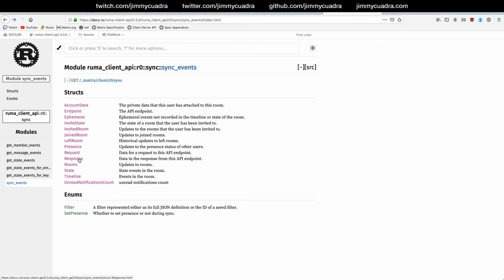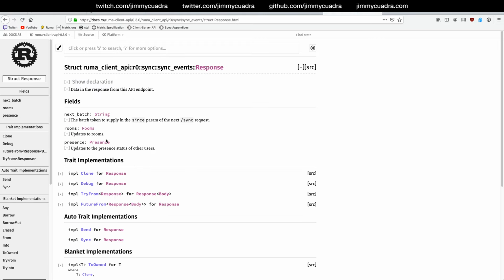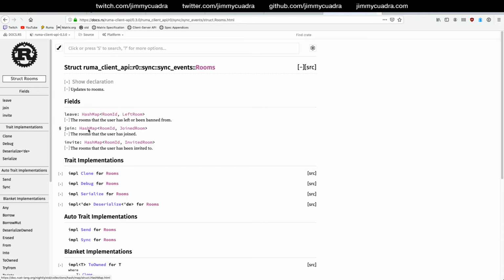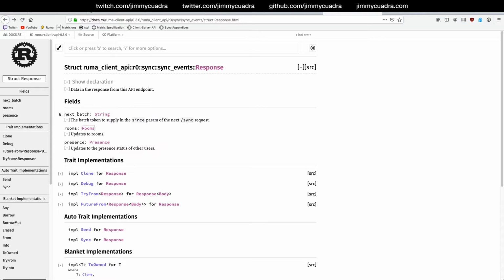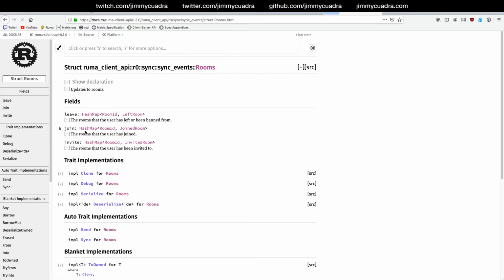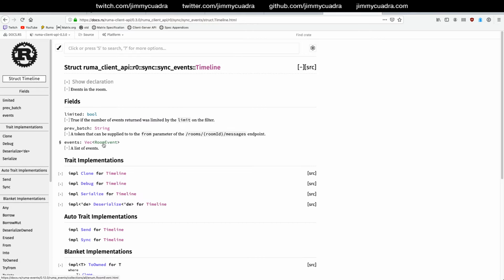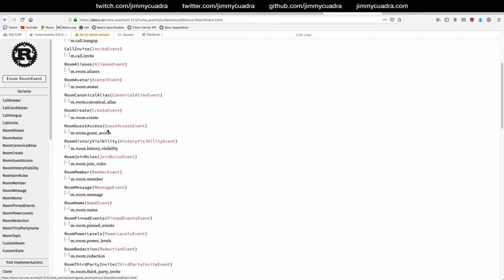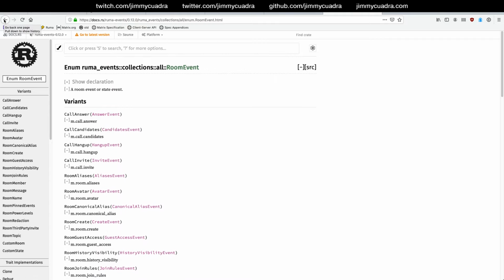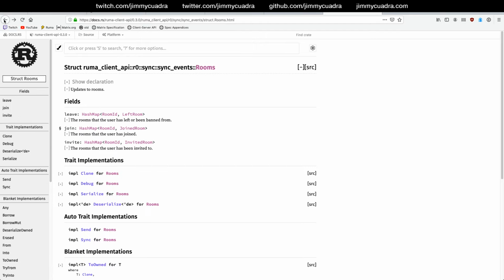So if we look at the response here, the top level thing is a JSON object that has these three fields, and then in rooms it has this stuff, and then here's a joined room, timeline, and then we have a vec of room events. This stuff can't be deserialized because it no longer has a public implementation of deserialize.